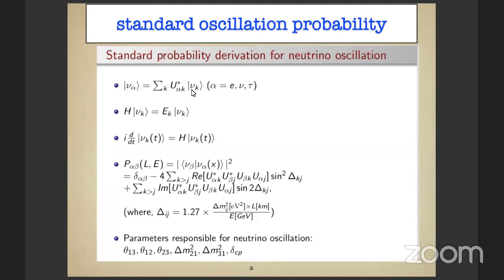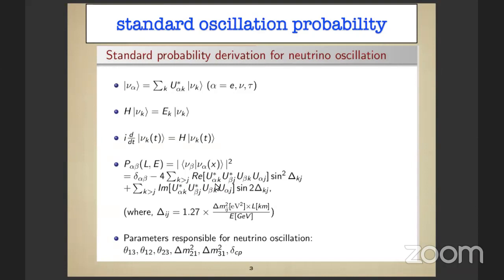So we know that the mass eigenstates nu k are eigenstates of the Hamiltonian H with energy Ek, and if one wants to find the neutrino oscillation probability, one has to solve the relevant Schrödinger equation, and then find the oscillation probability, which is a function of baseline and energy. Now, the various elements of this mixing matrix U appear in the general expression for oscillation probability.